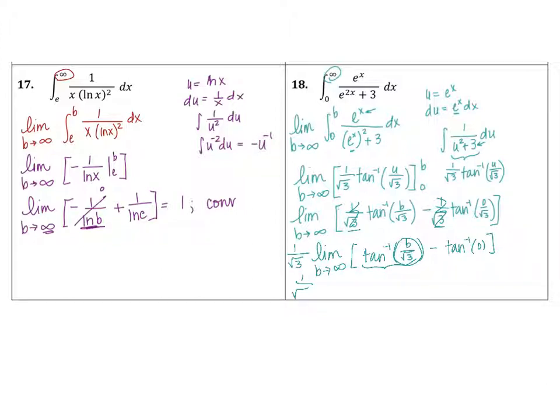So that's going to give me pi over 2 minus, and here inverse tangent of 0 is 0. So it looks like we're going to end up with pi over 2 root 3, and therefore this is going to converge.